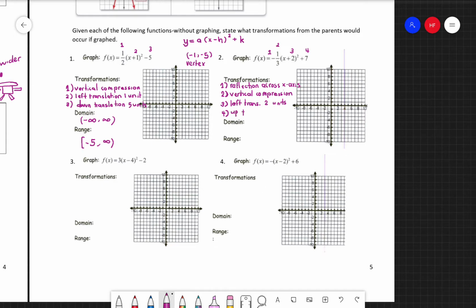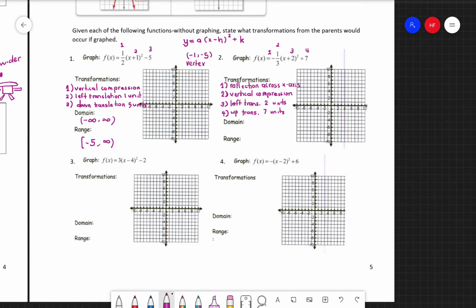So up translation, and then that's 7 units. So we have a vertical translation up 7 units, and we have a horizontal translation to the left 2 units, as well as a vertical compression by a factor of 1/3 and a reflection across the x-axis.